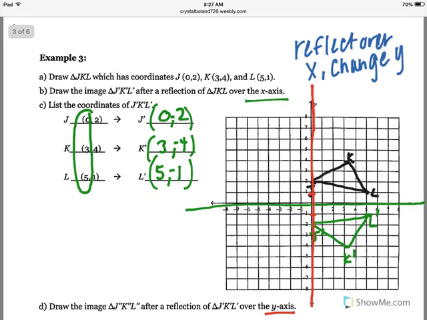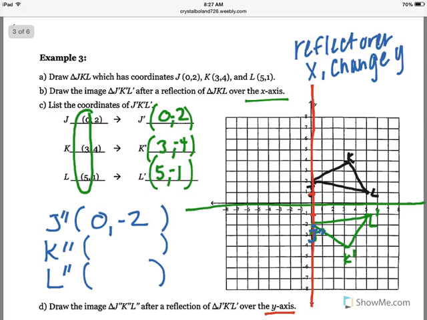Because J prime is on the y-axis, it's going to stay the same, so J double prime would have the same coordinates. And we put prime prime because it's being reflected twice. Every time a transformation is performed, you put a prime symbol for that number of transformations that have occurred.